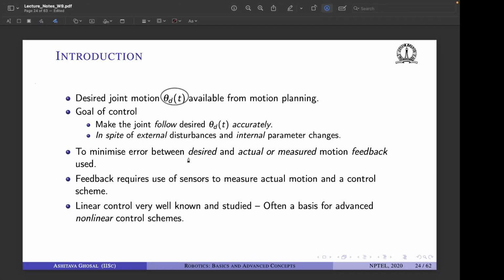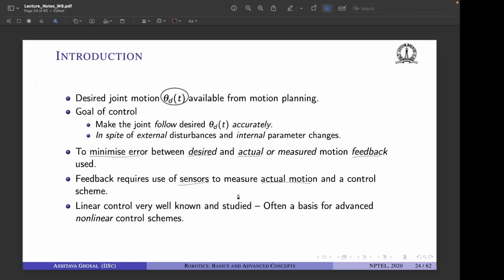So the goal is to minimize the error between the desired and the actual. And for this purpose, we use feedback, and feedback is received through sensors that measure the actual motion.